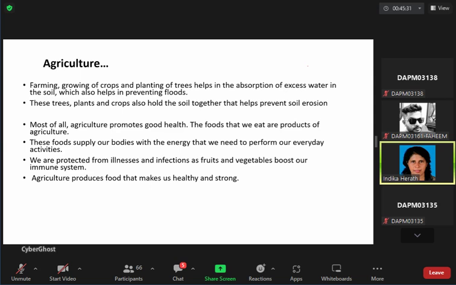Also, if we take a healthy diet, that will protect us from illness and other diseases. Fruit and vegetables generally boost your immune system, so that we can prevent getting diseases, right? Agriculture produces food that makes us healthy and strong. So now you know the importance of agriculture and its role in our survival, right?